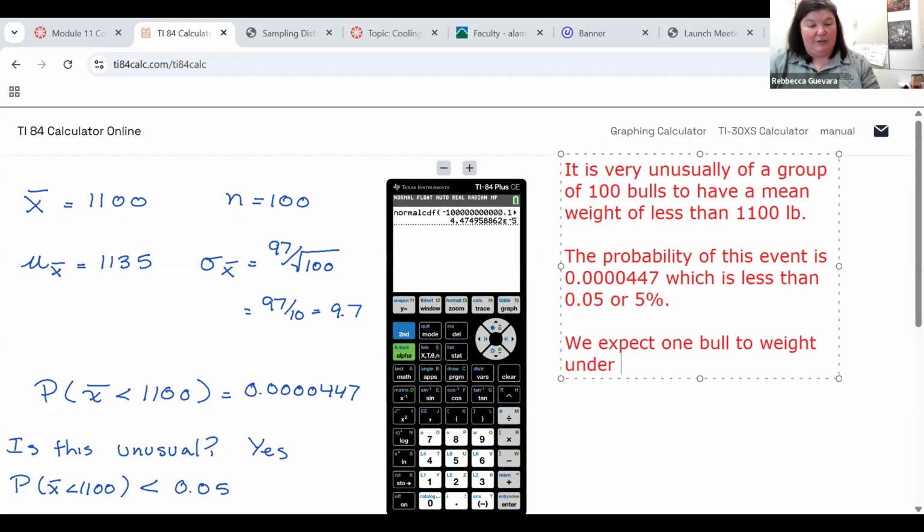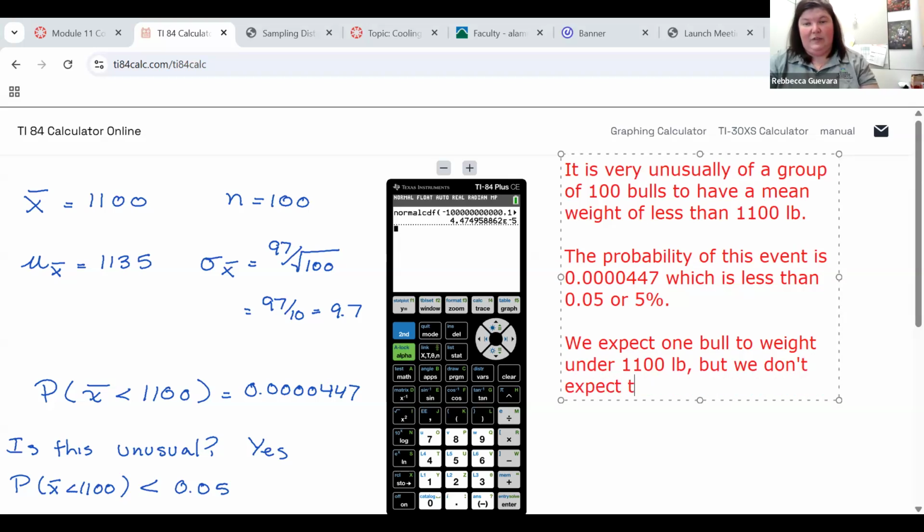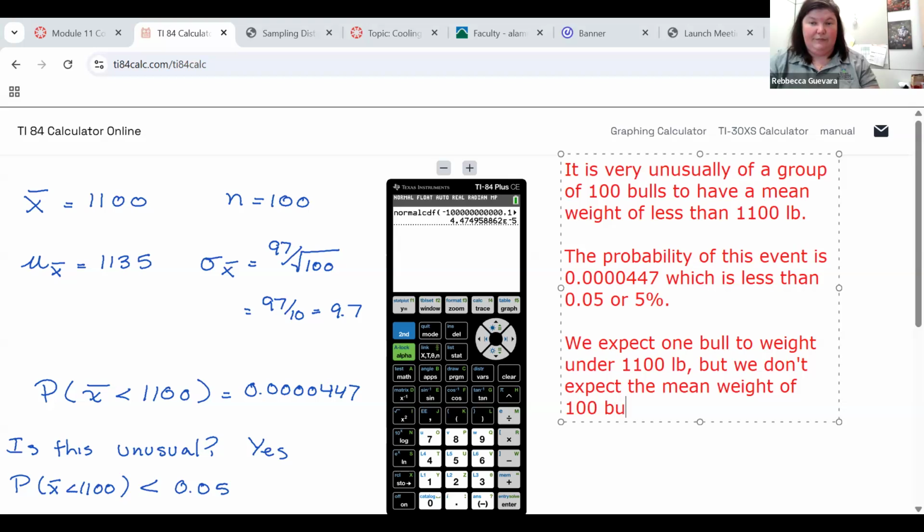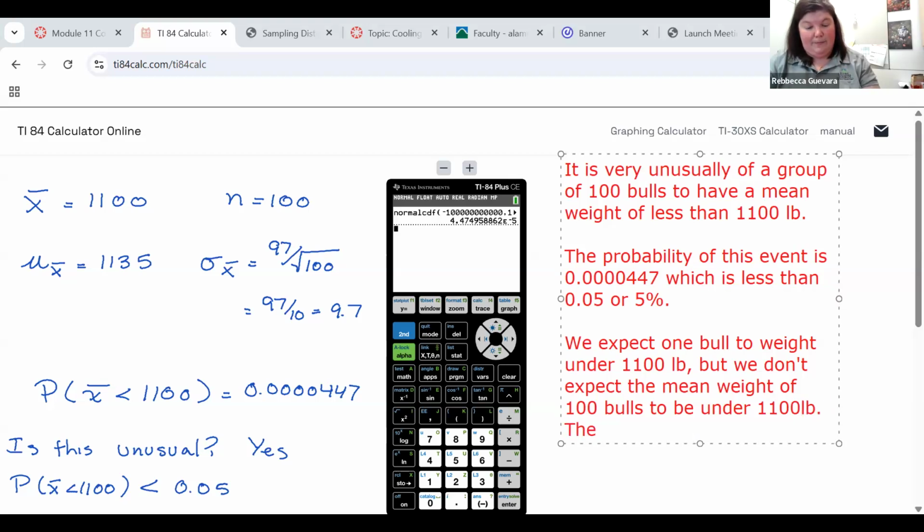We expect one bull to weigh under 1,100 pounds. We don't expect the mean weight of 100 bulls to be under 1,100 pounds. That means that my group of bulls have a tendency to be underweight.